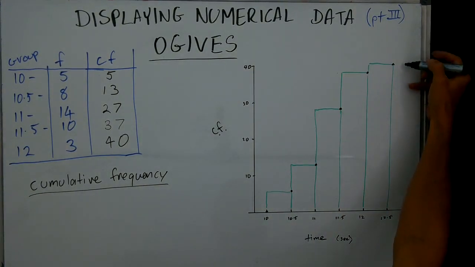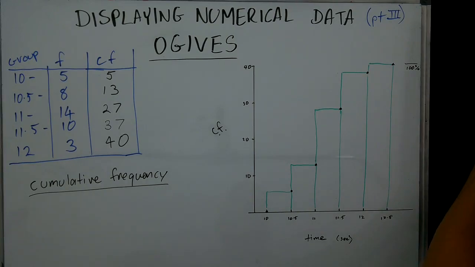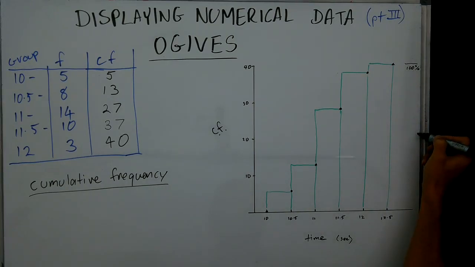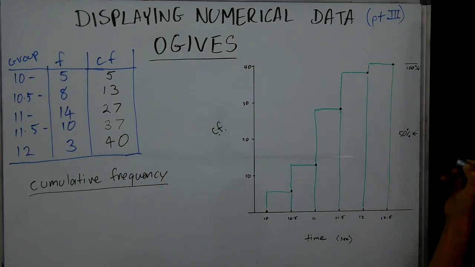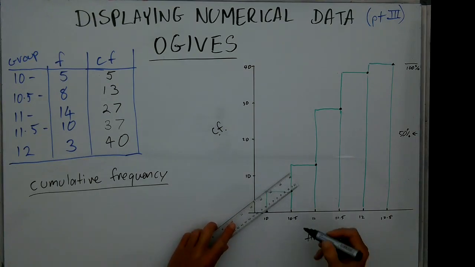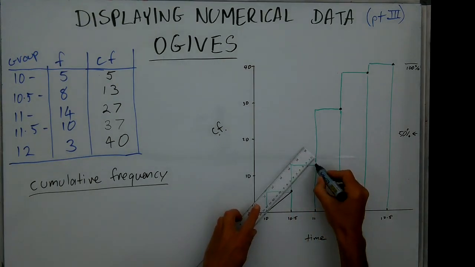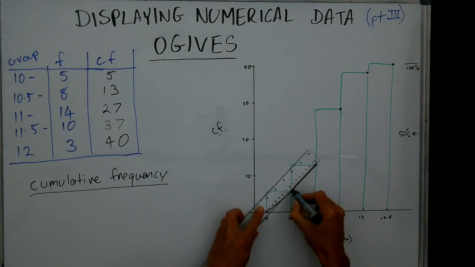And we can say that this is 100% of the data. Later on, we're going to be looking at this. So that's 50% of the data. We can use this kind of thing, but that will come later. So all I'm doing is joining these dots.